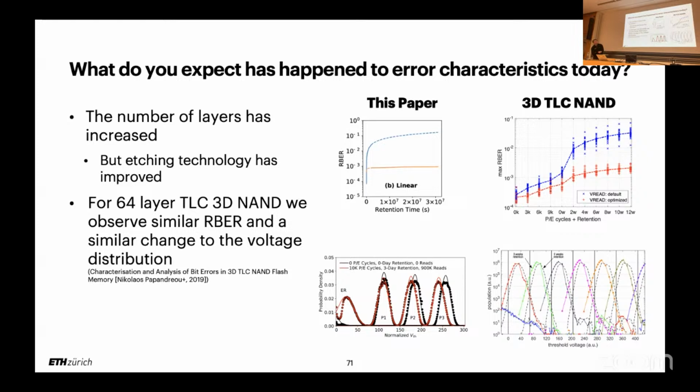If you look at the y-axis, it's quite similar to MLC. So for some reason it seems not to have changed that much, but I do know for a fact that with QLC and even more layers, because this is only 64 layers, with 100 layers and even 200 layers nowadays, the error rate does actually increase quite a lot. And the lifetime is significantly less.